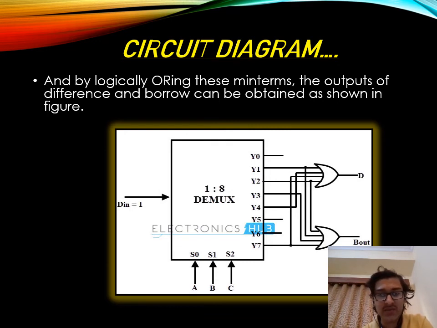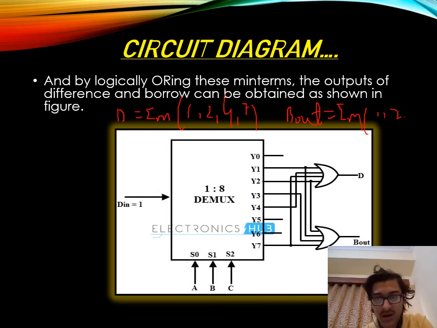So what were the minterms we got? For difference we get minterms equal to sigma m 1, 2, 4, 7, and for borrow we get B out equals sigma m 1, 2, 3, 7.